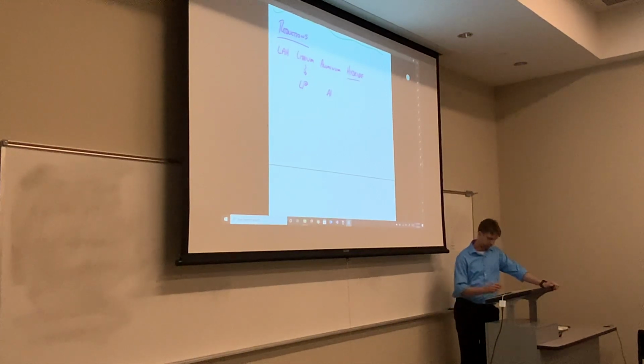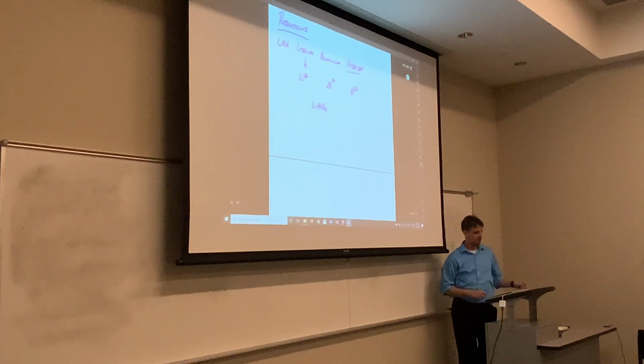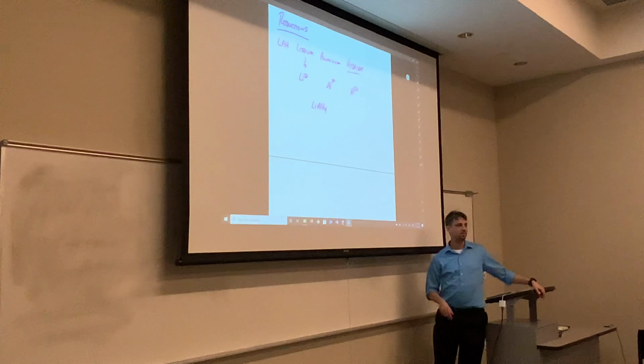H with a lone pair and a negative charge, okay? If we put all this together, we have to remember that aluminum is always going to be a 3+ charge. So to make LAH, we have LiAlH4, okay? So that's what LAH is, lithium aluminum hydride.